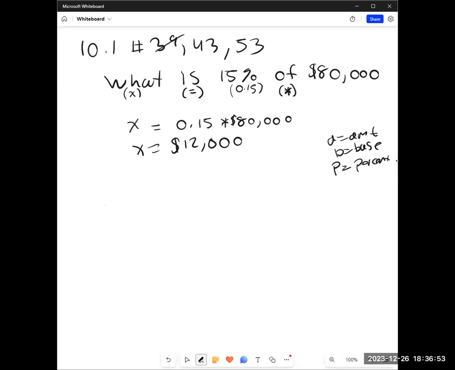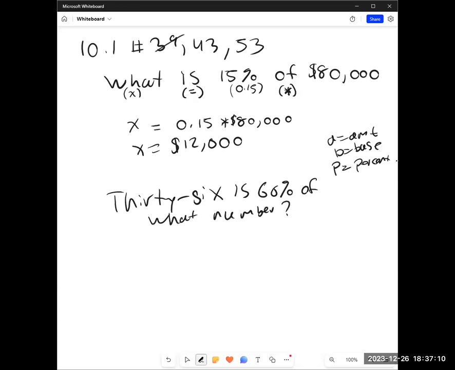So determine the answer to this next question here: 36 is 60% of what number? So let's set that up here. 36 is 60% of, which means to multiply. The question word is my variable.